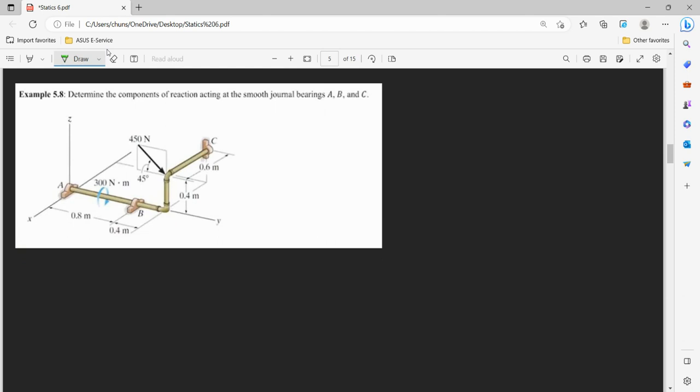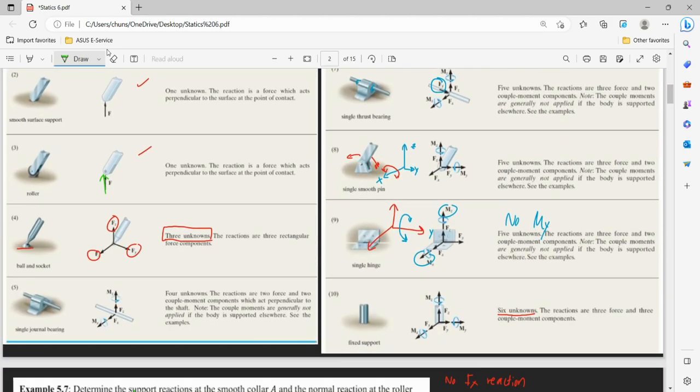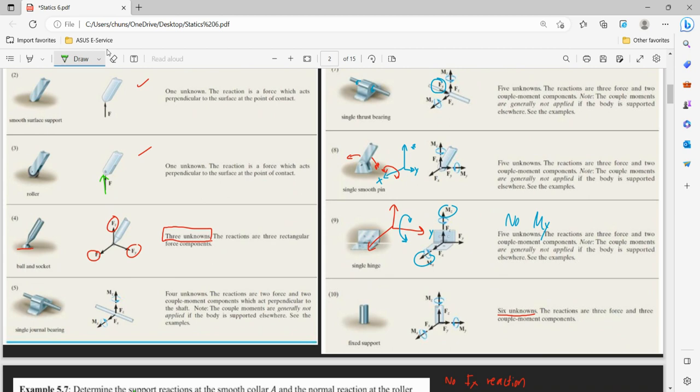Okay, so our next example has this pipe here, and we have smooth journal bearings at A, B, and C. Smooth journal bearings was like our pencil sharpener, so they're not fixed, so they can slide through, and they can rotate in that same axis.